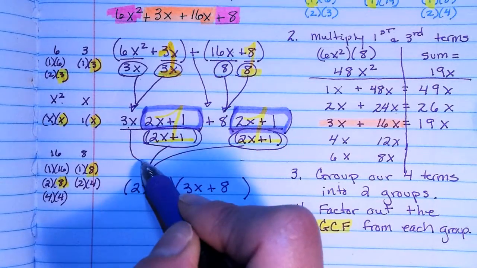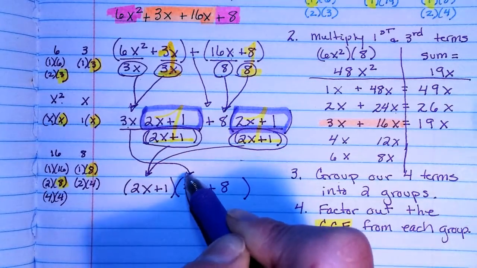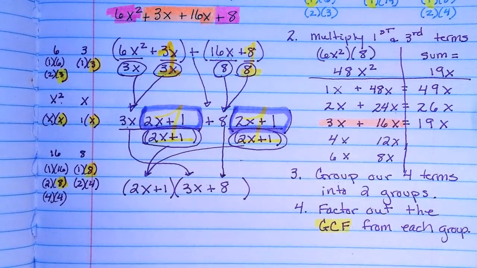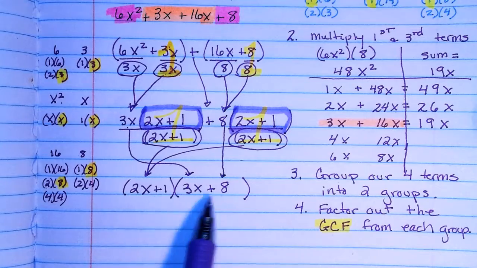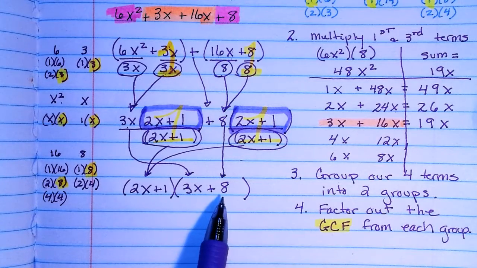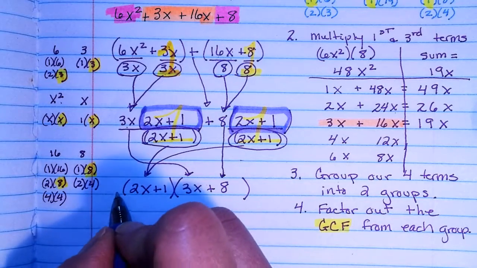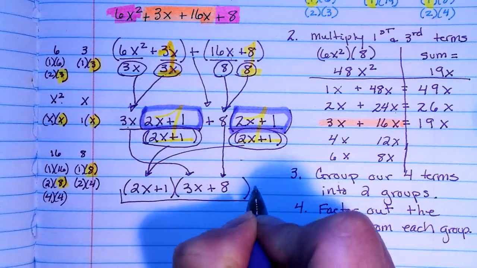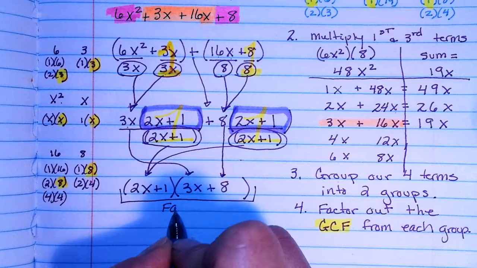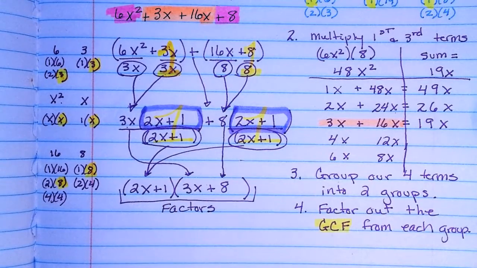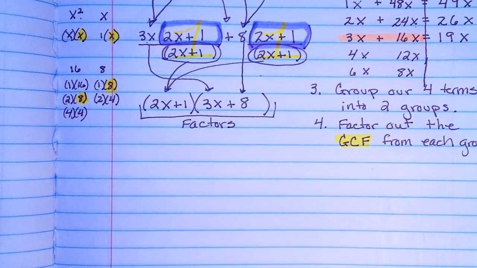This is 3x, and this is 8. So those are my binomials that are factors of my quadratic. So this here is my answer. These here are my factors.